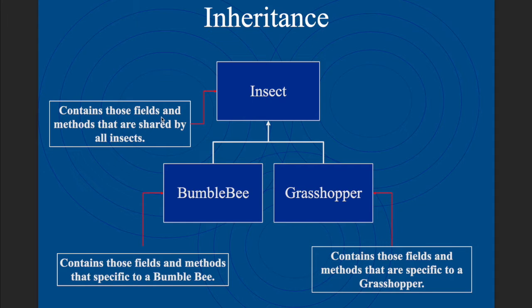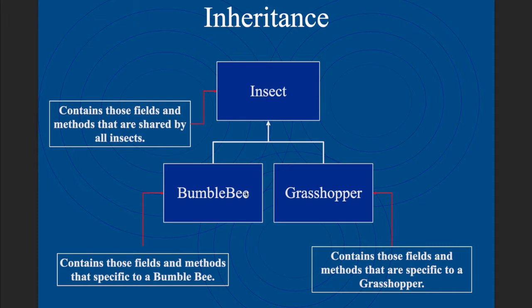And this class contains those fields and methods that are shared by all insects. For example, you can see here it's going to be several fields which will fit both those guys, bumblebee and grasshopper, and same with methods.